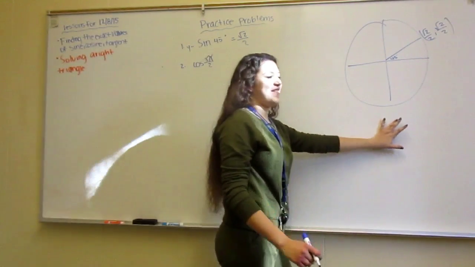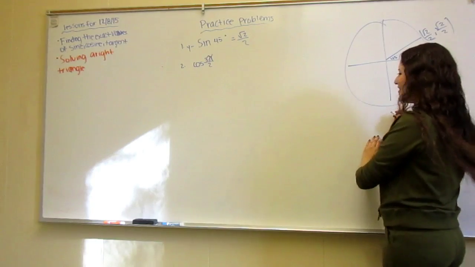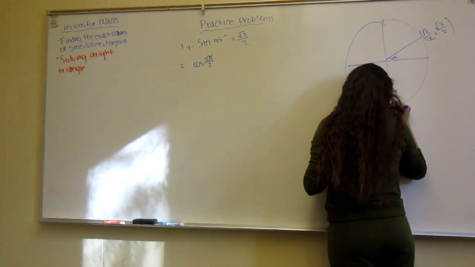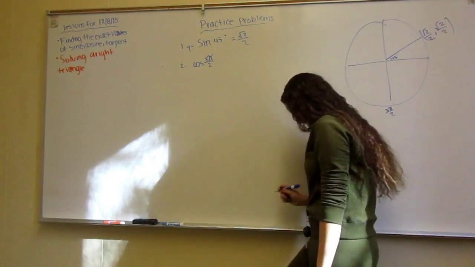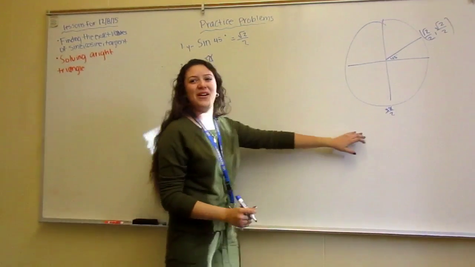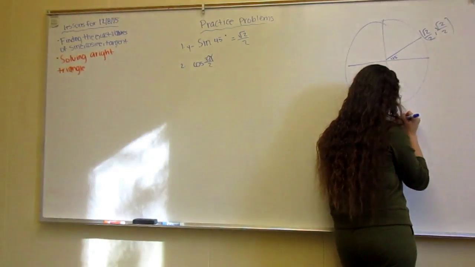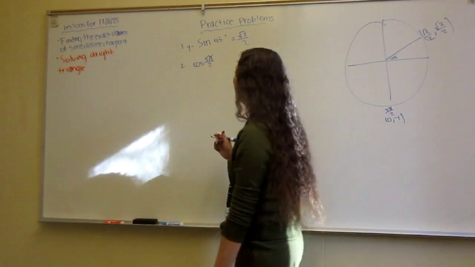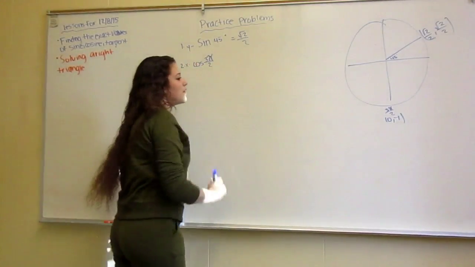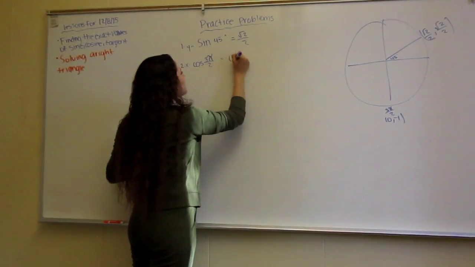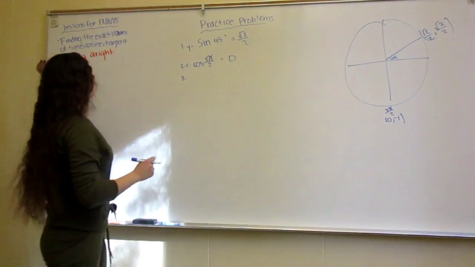It's located at the bottom of the circle. What are the points for 3 pi halves? 0, -1. Is cosine x or y? X. So what would be the exact value? 0. Okay, now let's move on to tangent.